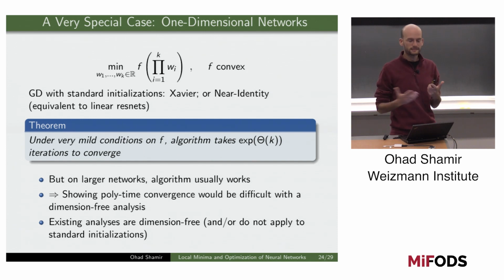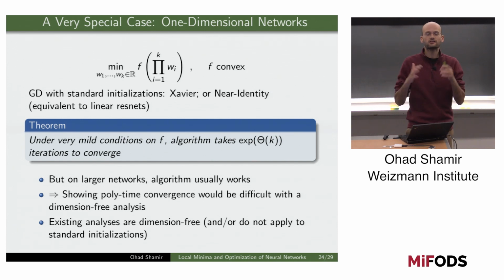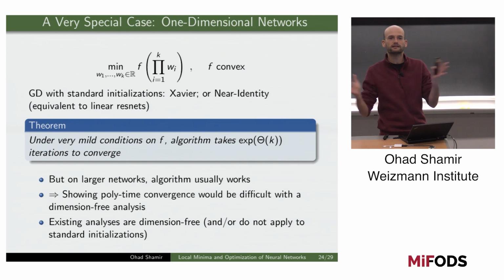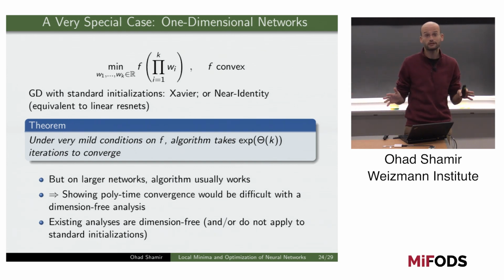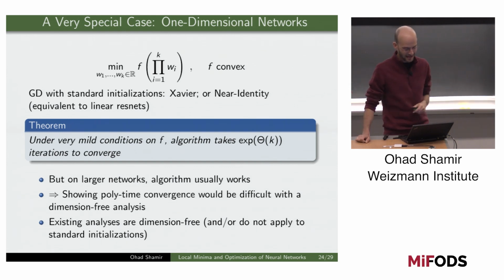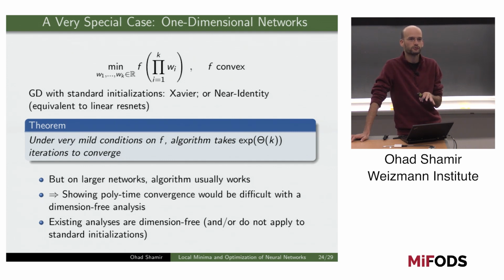So what does this imply? This does not mean that gradient descent fails on linear networks in general. In practice, it does usually succeed, but on much larger networks. So what this tells us is that if you want to show some positive result for linear networks, you somehow have to take the width into account. Somehow take the dimension of the matrices into account in the analysis, and that's not something that we currently know how to do with the current analysis.